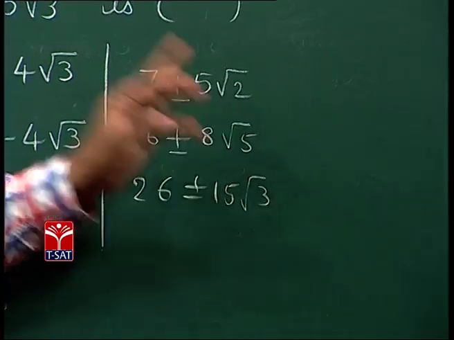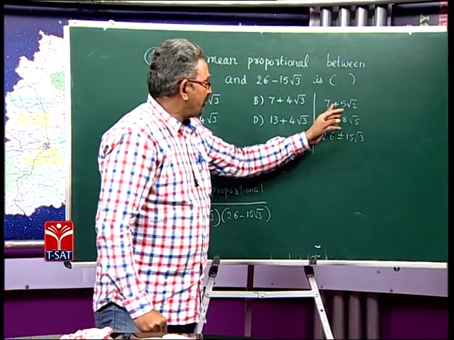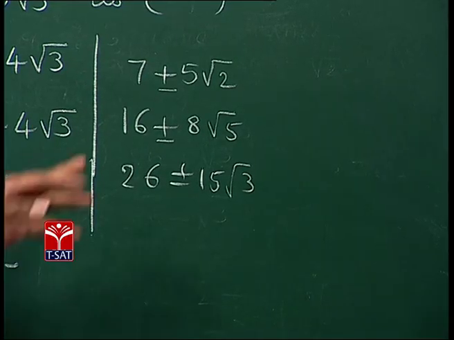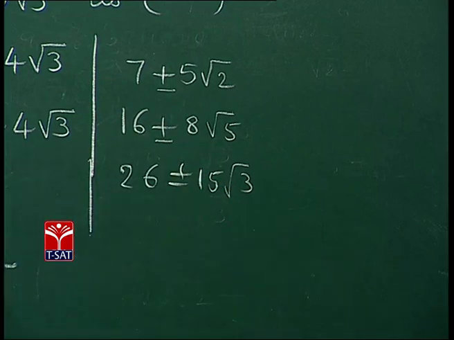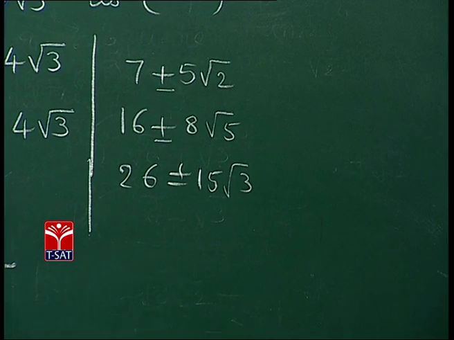This 7 plus 5 root 2 is 1 plus root 2 whole cube. 7 minus 5 root 2 is 1 minus root 2 whole cube. 16 plus 8 root 5 means 1 plus root 5 whole cube. 16 minus 8 root 5 is 1 minus root 5 whole cube. 26 plus 15 root 3 can be written as 2 plus root 3 whole cube. 26 minus 15 root 3 is 2 minus root 3 whole cube. Okay, you remember like that.